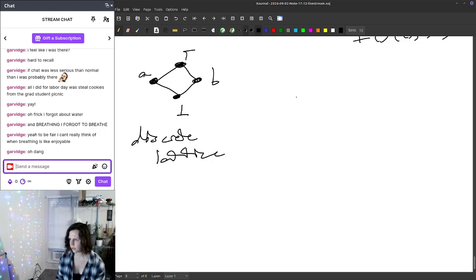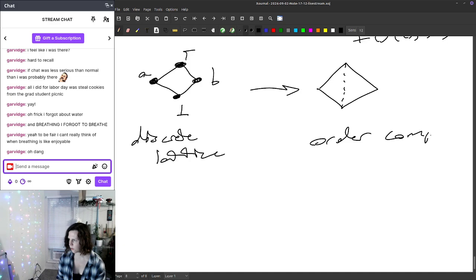We had gone from this discrete lattice to this shape, and it happens that the shape that we made is actually what is known as the order complex of our lattice. So this is a discrete lattice L. This is the order complex of L.